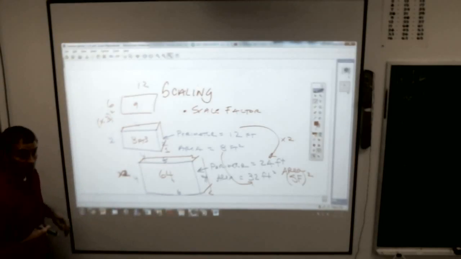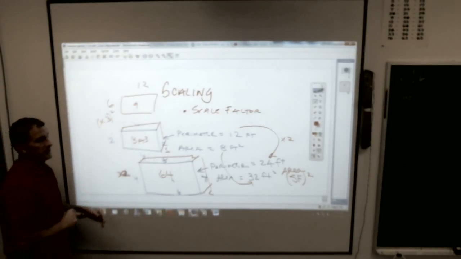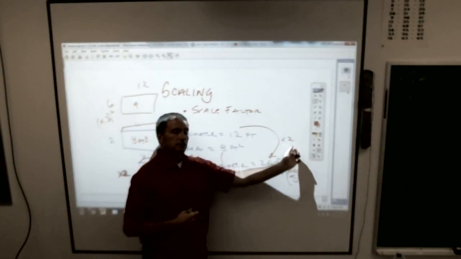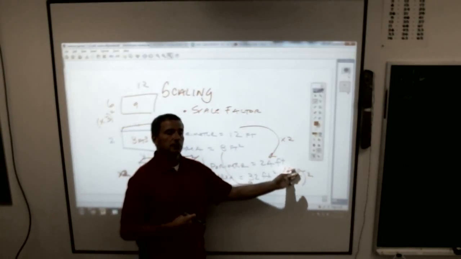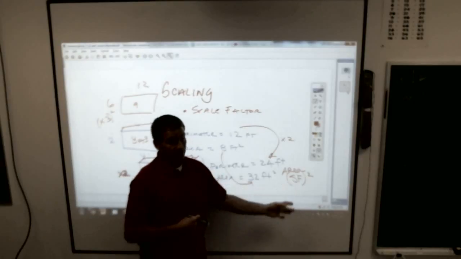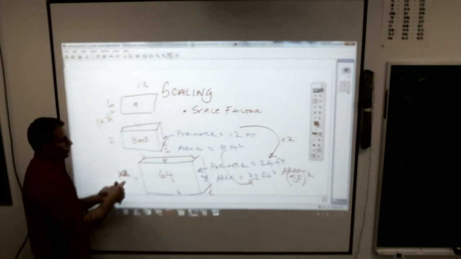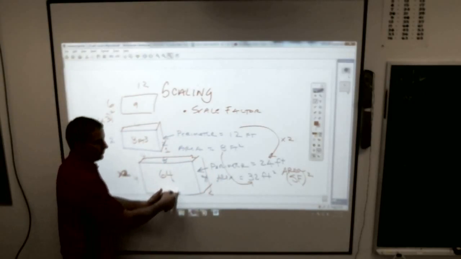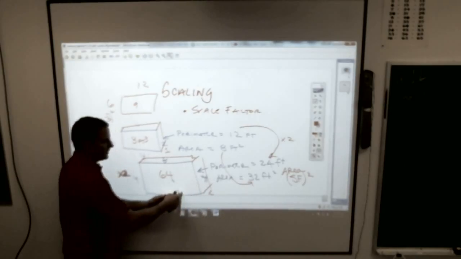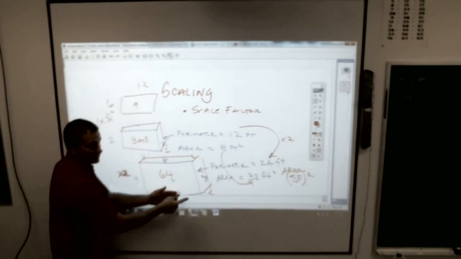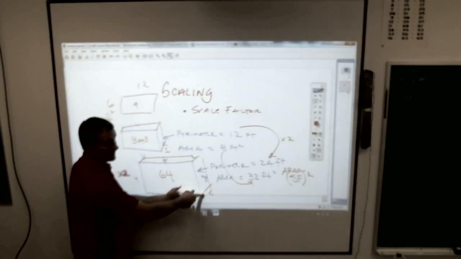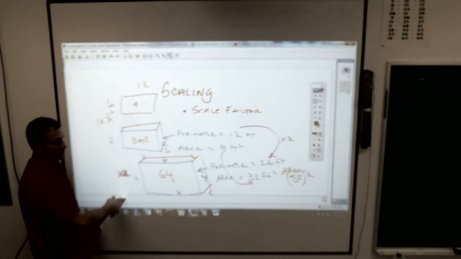What happens to volume? Volume is not scale factor squared, volume is scale factor cubed. Why? Because you doubled 3 different dimensions. You doubled it, you doubled it, you doubled it. And when you double, double, double, you take it 8 times bigger.